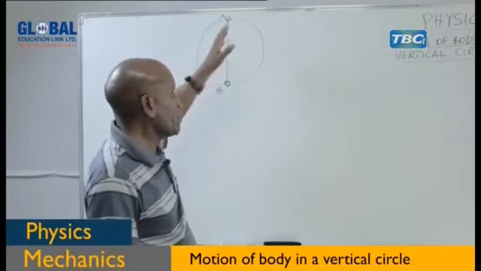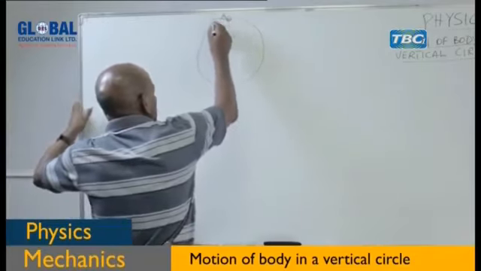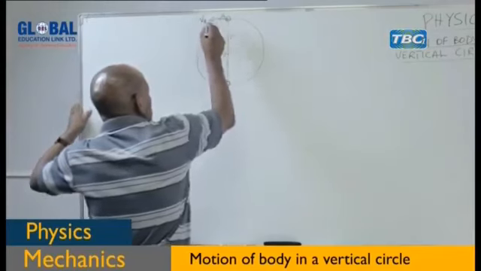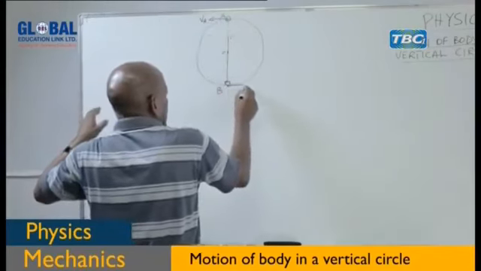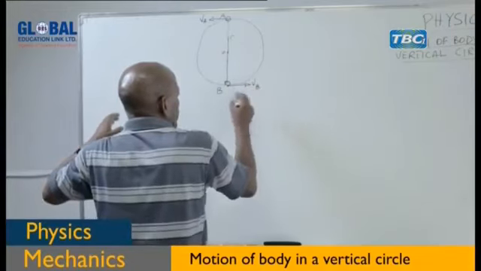What will be the minimum velocity of a bucket whenever it passes at the top there? Let me call this VA. And the maximum velocity whenever a body is passing at the bottom is VB.